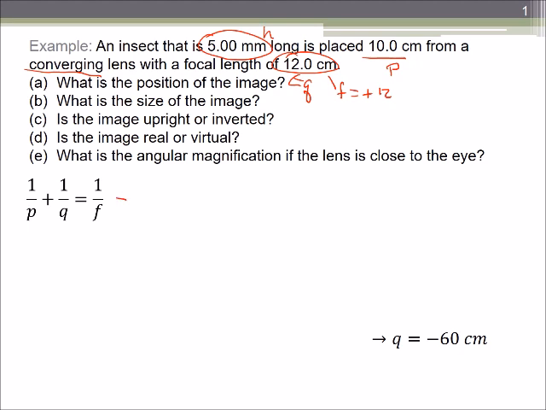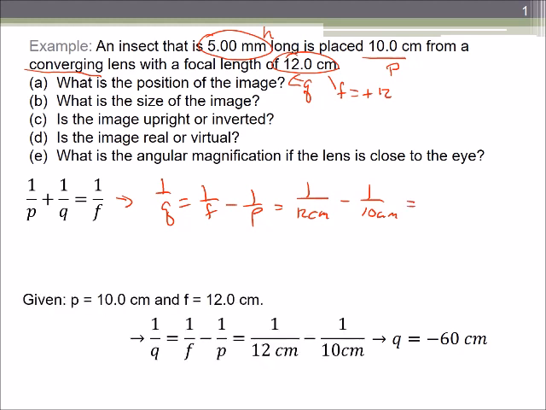So we're going to rearrange our lens equation for Q. 1 over Q is equal to 1 over F minus 1 over P. So this is equal to 1 over 12 centimeters minus 1 over 10 centimeters, which gives us negative 60 centimeters.